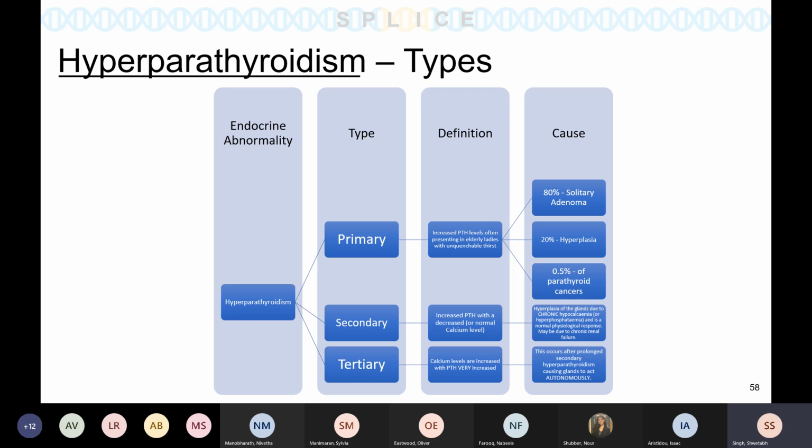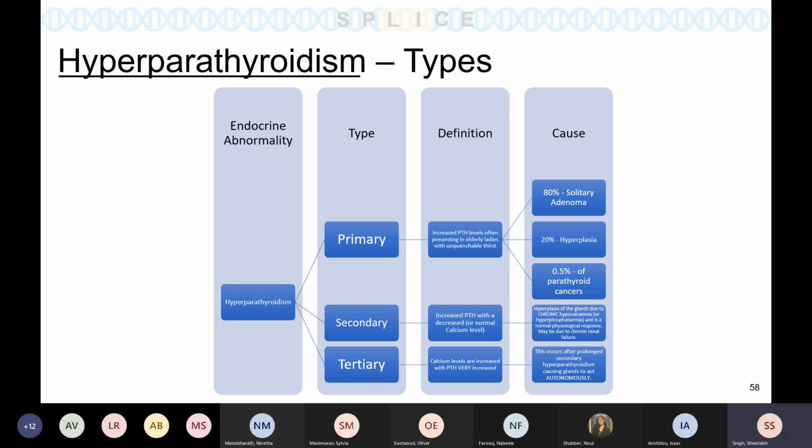Okay, so we're just going to go through hyperparathyroidism. You can split it into primary, secondary, and tertiary. Primary is due to increased PTH levels, often presenting in elderly ladies with thirst. So you'll get an SBA, like: Doris has come in, she's 80 years old and has an unquenchable thirst.